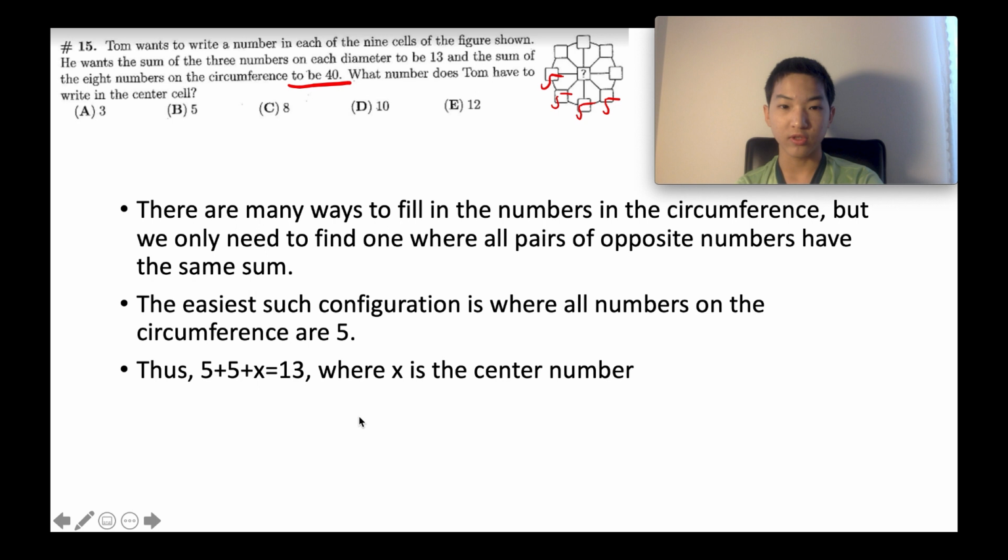Because remember, he wants the sum of the 3 numbers on each diameter to be 13. So we have 5 plus x plus 5 is equal to 13. From this equation, we get x is equal to 3, which is A. Now we have problem 16.